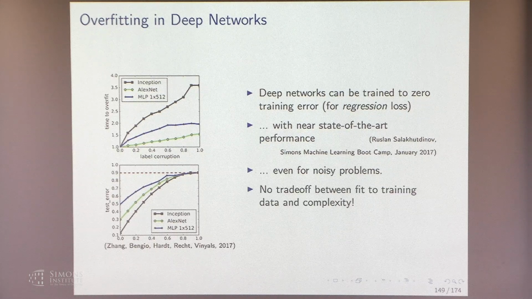Okay, and the other thing is you've got 0 regression loss, so there's no trade-off between performance on the data and whatever notion of complexity you care to define. So it's certainly overfitting. There's no better fitting than to interpolate every data point, but it seems to be benign.